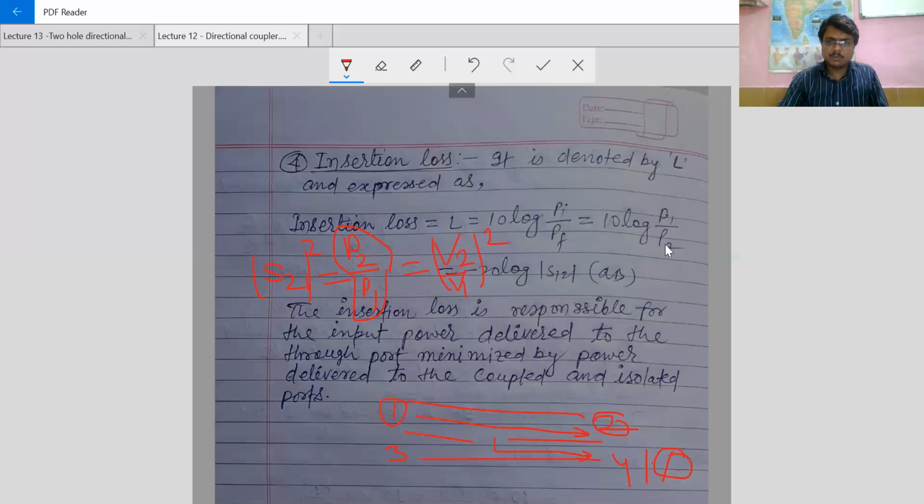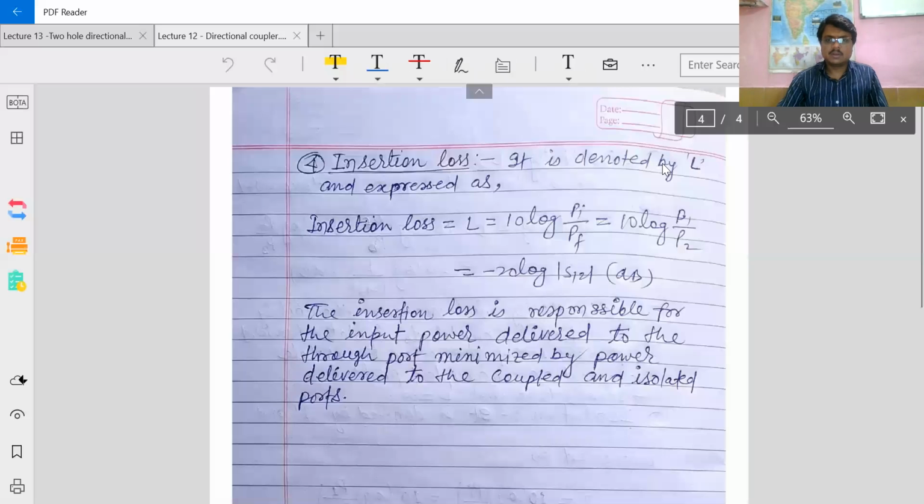Here it is P1 upon P2, but S21 is defined as P2 upon P1, so it will be opposite and negative. The square term will come out and it will be written as minus 20 log S21 in dB.